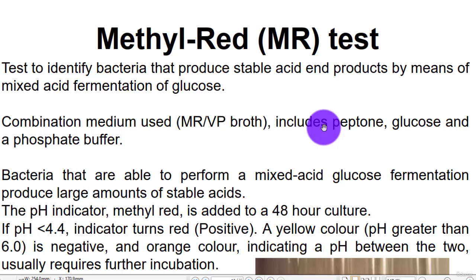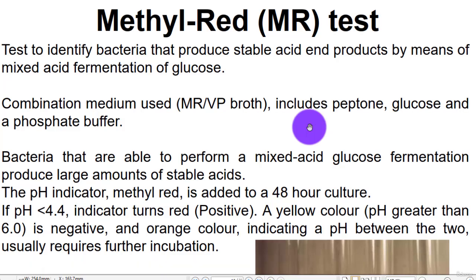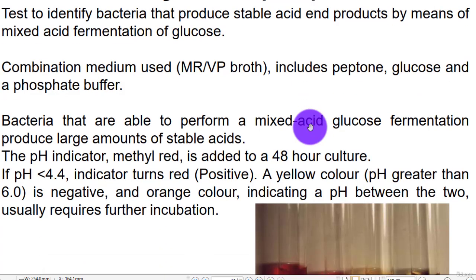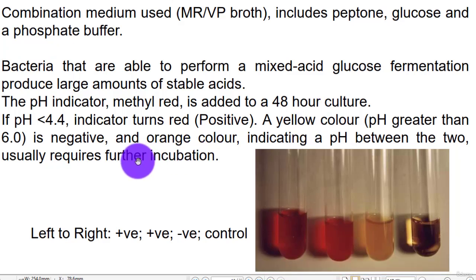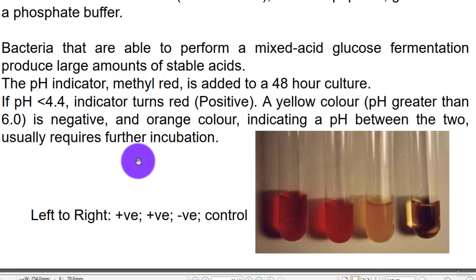Methyl red test. A test to identify bacteria that produce stable acid end products by mixed acid fermentation of glucose. The combination medium used is MR-VP broth, containing peptone, glucose, and phosphate buffer. Bacteria able to perform a mixed acid glucose fermentation produce a large amount of stable acid.